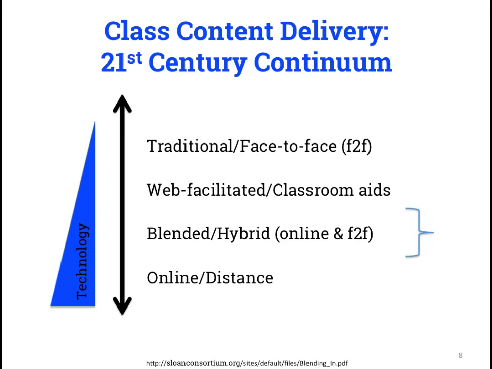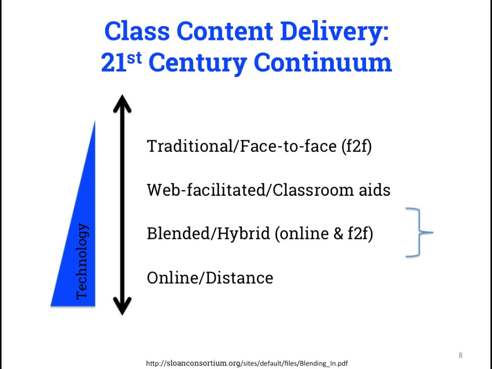However, because blended and hybrid courses do tend to promote both online and face-to-face learning, that's again why the term is often used synonymously with flipped class. So in a blended or hybrid course model, about 30 to 79% of content is delivered online, and a substantial component is delivered online, typically using online discussions in conjunction with face-to-face meetings.